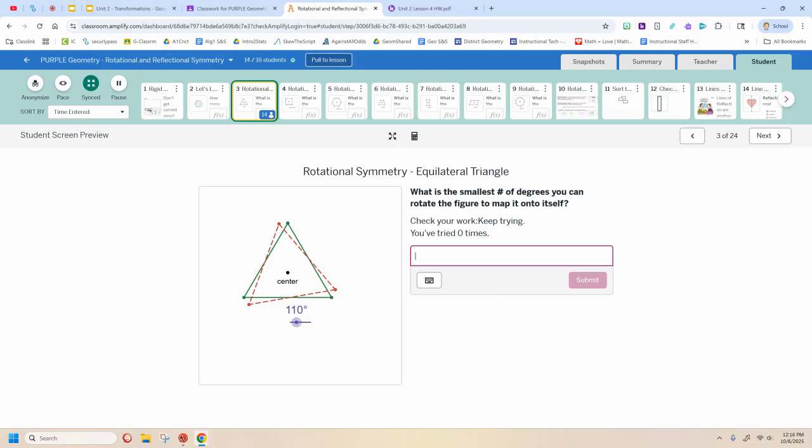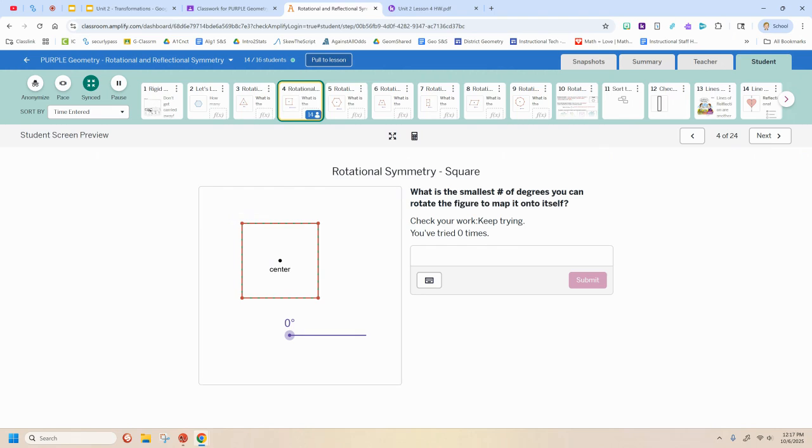So now, don't shout it out. Let's see if everybody can figure it out. Here is a square. What is the smallest number of degrees to rotate it to map onto itself?